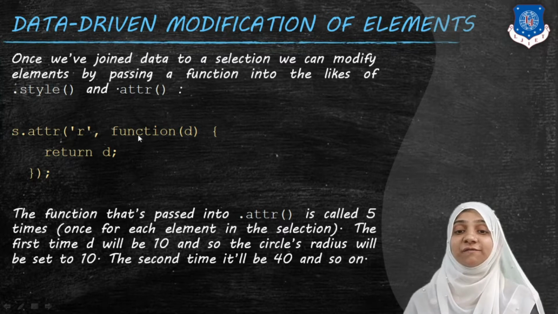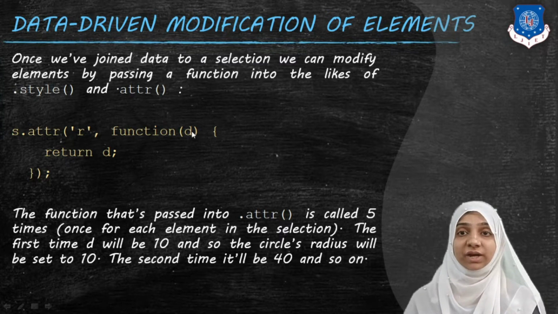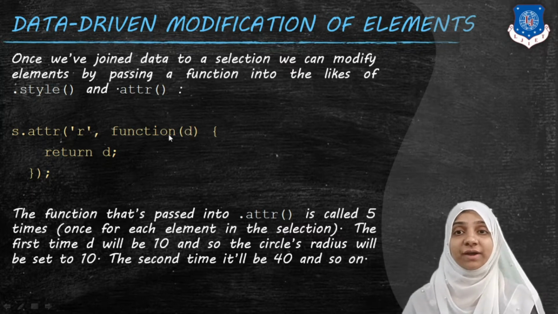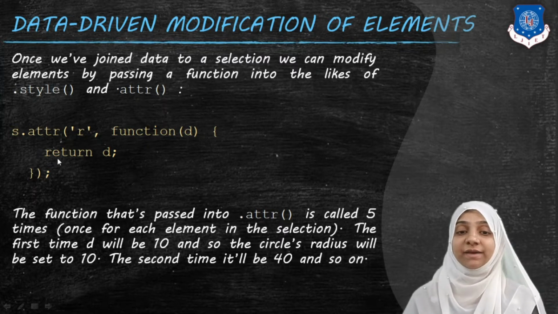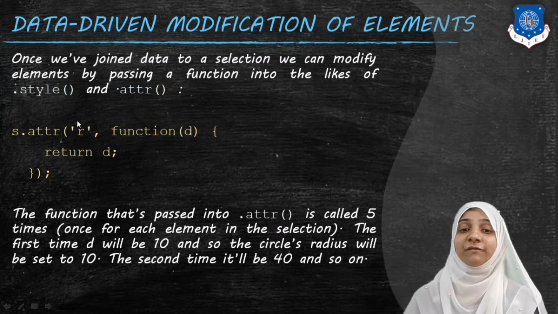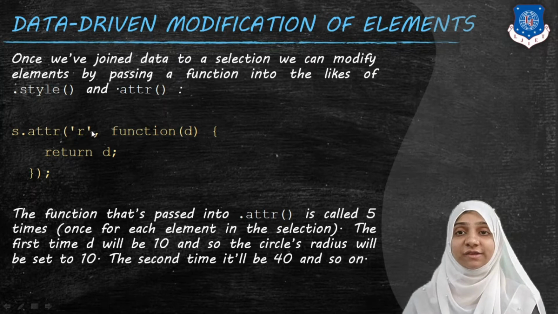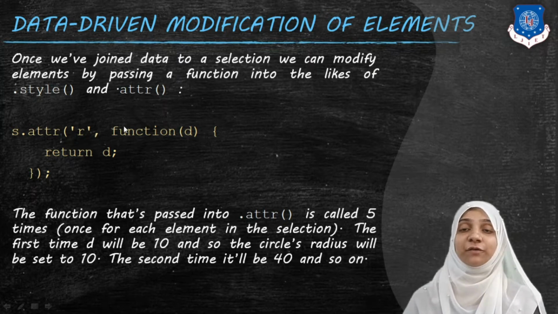This radius is a function of data. Whatever data we have bound with the help of the data function, my data is now stored inside variable d. So every time d must hold some different value, and at the end we are simply returning d. For the very first circle's radius, the first element of the array will be stored. For the second circle's radius, the second element from my data will be stored, and they will be applied respectively.